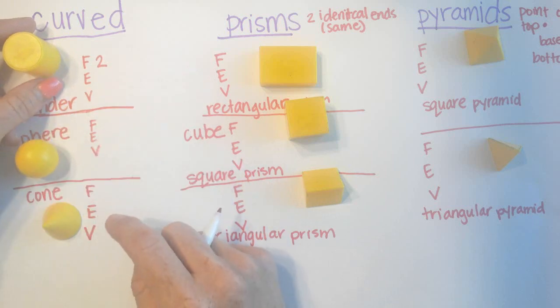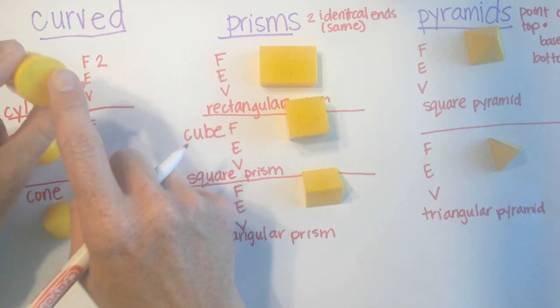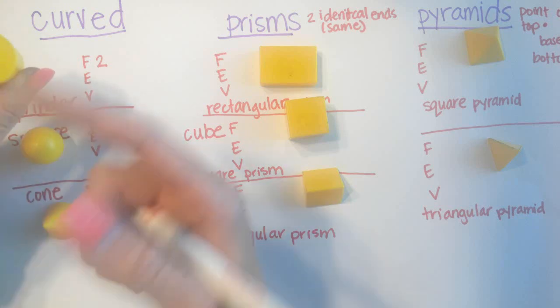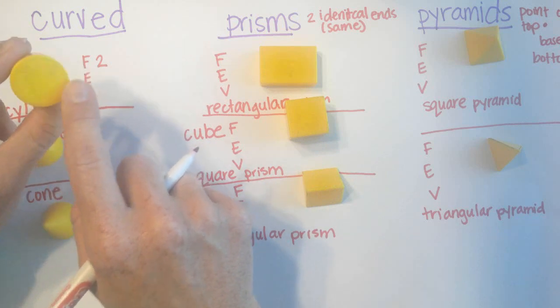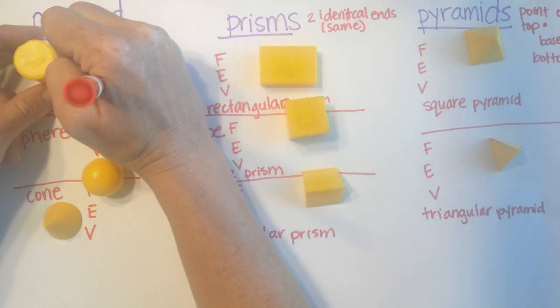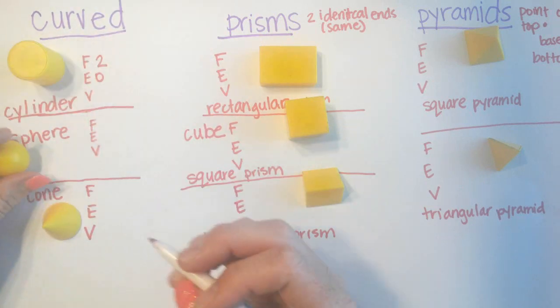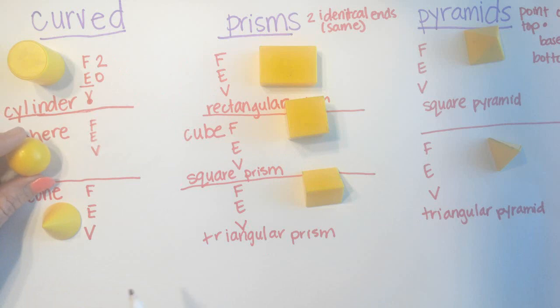Edges. Edges are straight lines. Being a curved shape, just like a flat circle has no sides, there are no edges on the cylinder because it is made of circles. So edges are straight lines. And vertices, V is for vertices, and vertices are points.